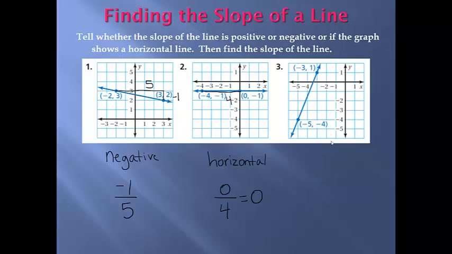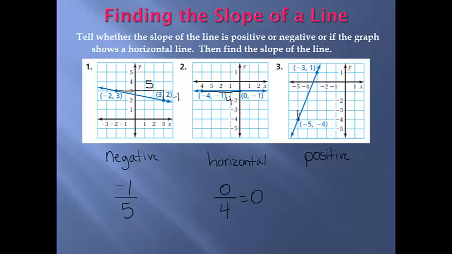Now for number 3. For number 3, you will notice that as we go from left to right, we are going to rise. So that would be a positive slope. Now we need to do our rise over run. So we can go ahead and do our rise.